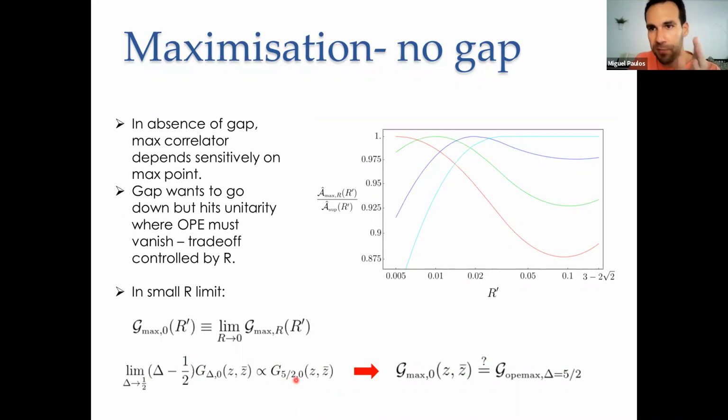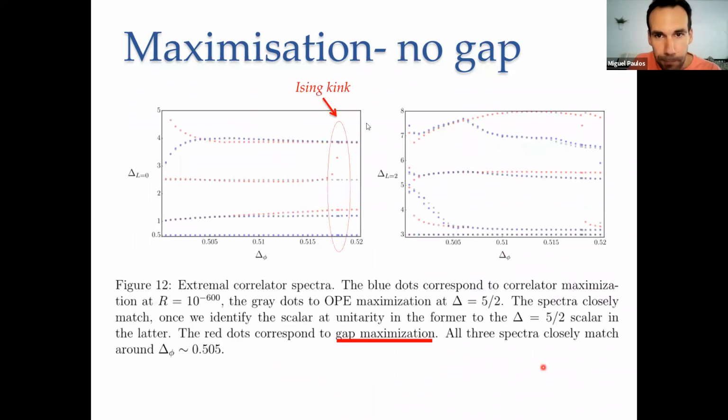So the effect of the operator at unitarity is mimicked by an operator at 5/2. One natural thing to ask is whether this limiting correlator is simply doing OPE maximization at delta equals 5/2. This is what we checked, but then there is a surprise.